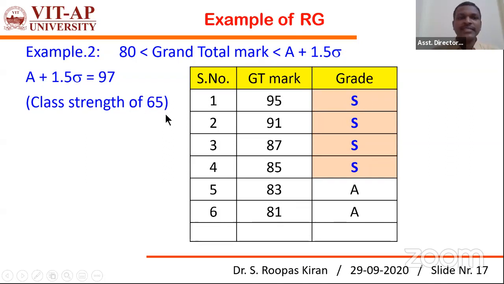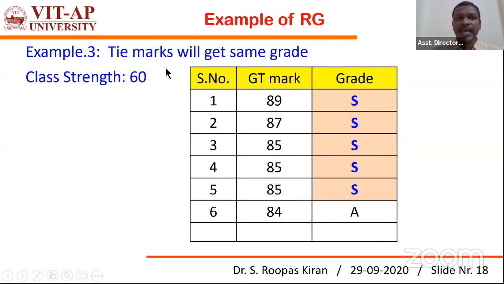If the class strength is 65, 5% of 65, 0.05 into 60 is itself 3. With 65 it is slightly more than that, rounding it up, so nearly 4. So 4 students will be given S grades. The top 4 marks are given S grades, and below that, A grades only.